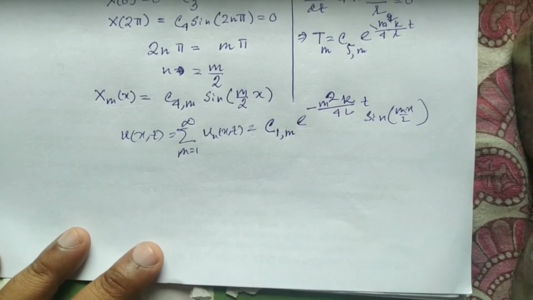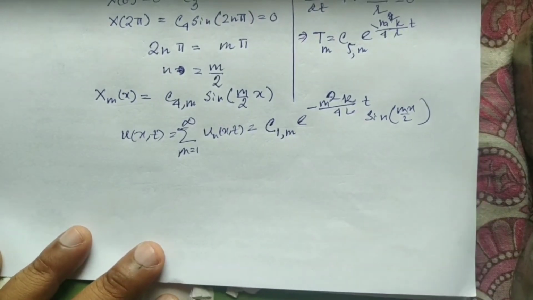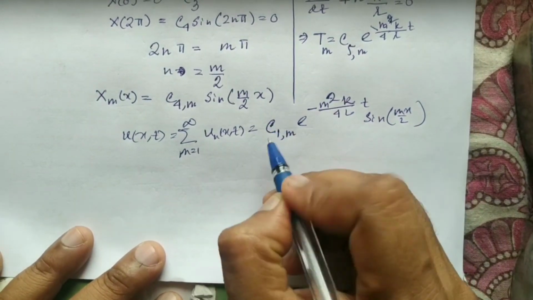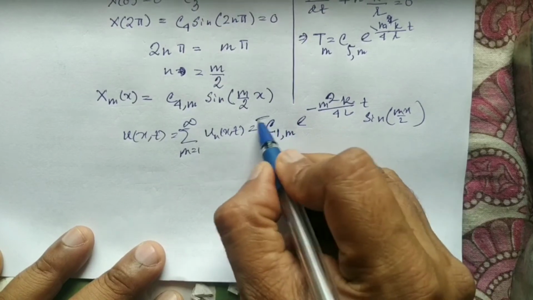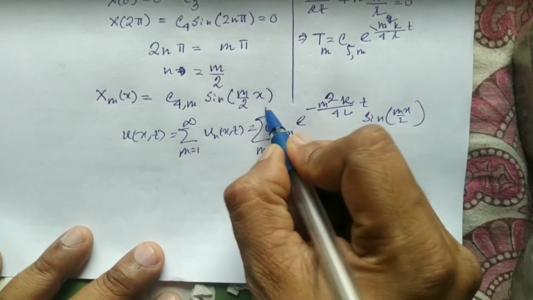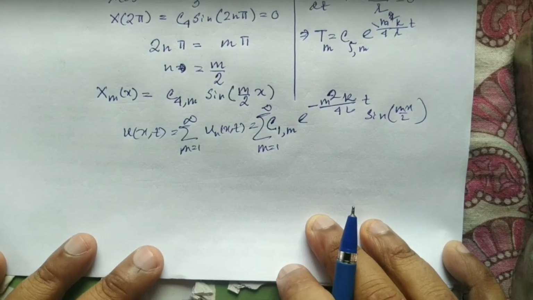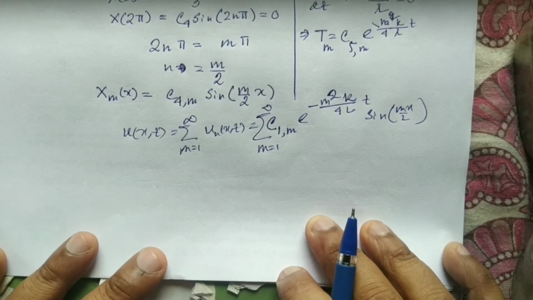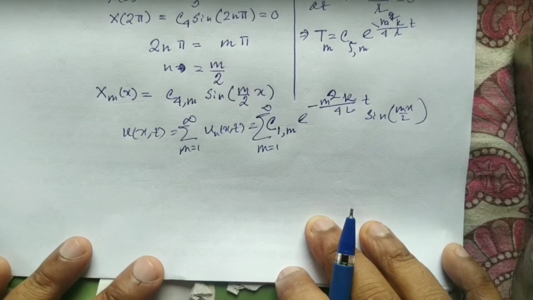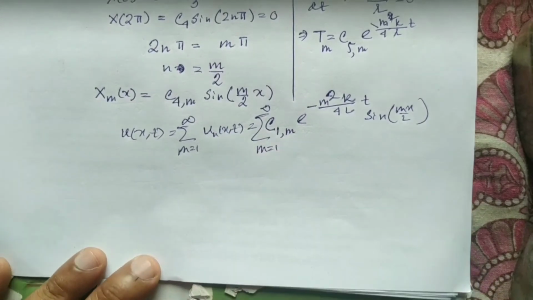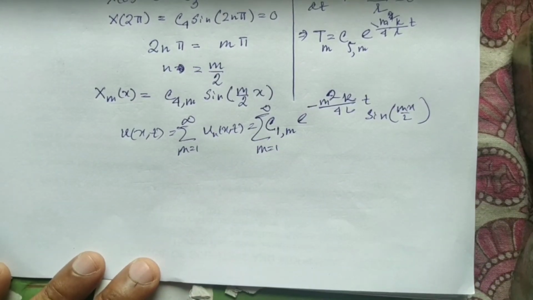So this is your solution. Oh sorry, I'm extremely sorry, there should be a summation sign from m equal to 1 to infinity. Now with this solution we will proceed and we will find the value of c1m.